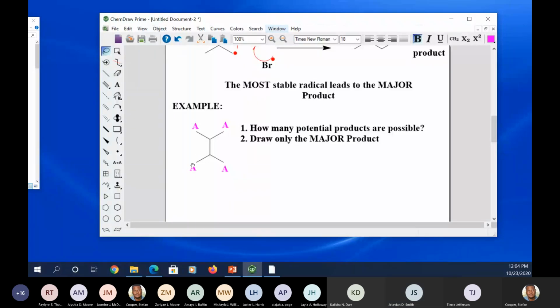Is everybody comfortable with that so far? Yep, they're all the same type. They're exactly identical.